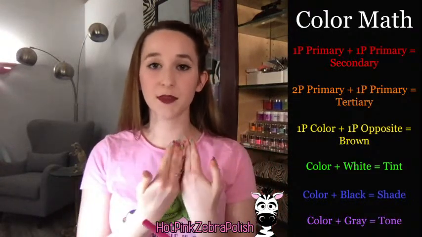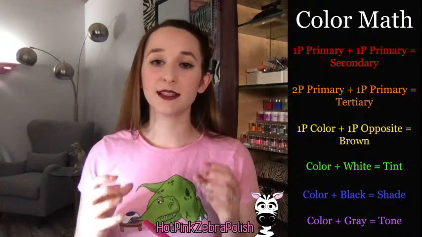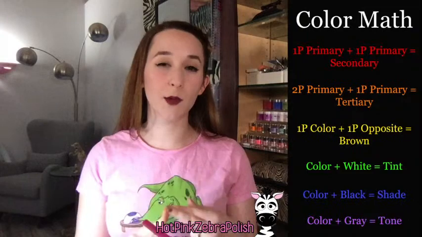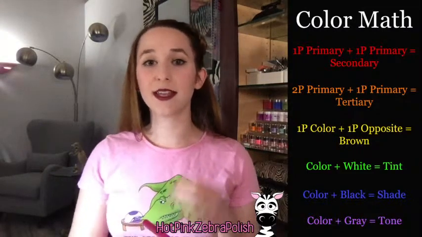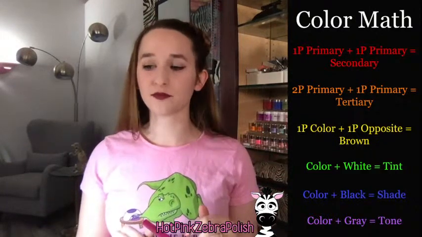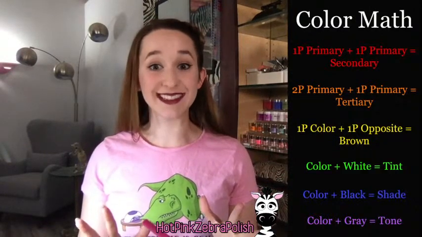Now, all that being said, generally the pigment in red and blue is more powerful than yellow. So even though it is 1 part and 1 part, it's never really 1 part and 1 part, which is very confusing. Sorry.